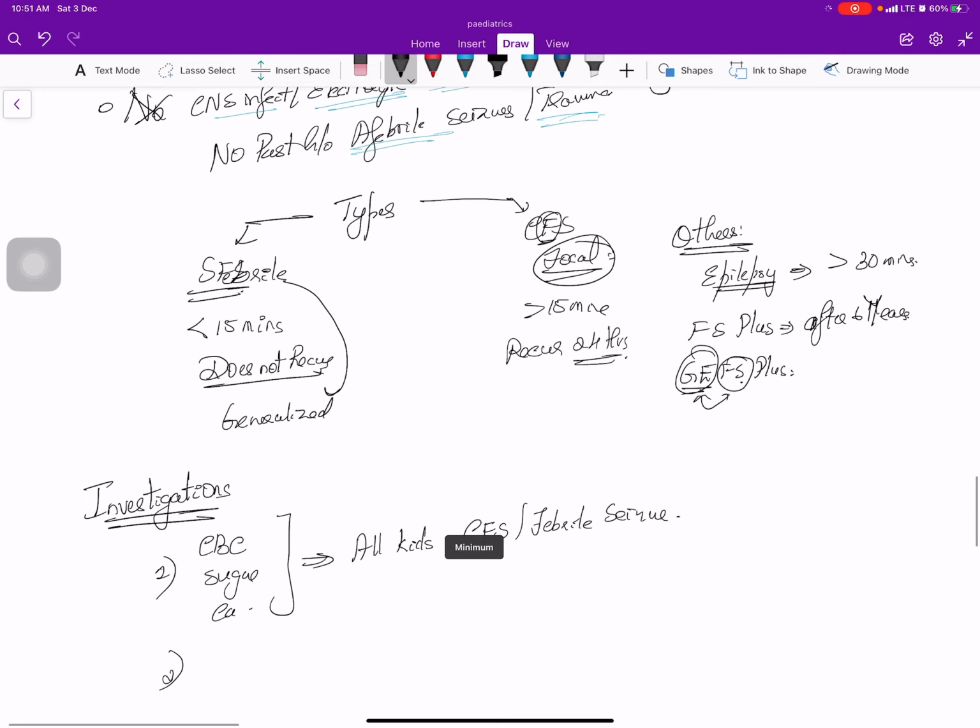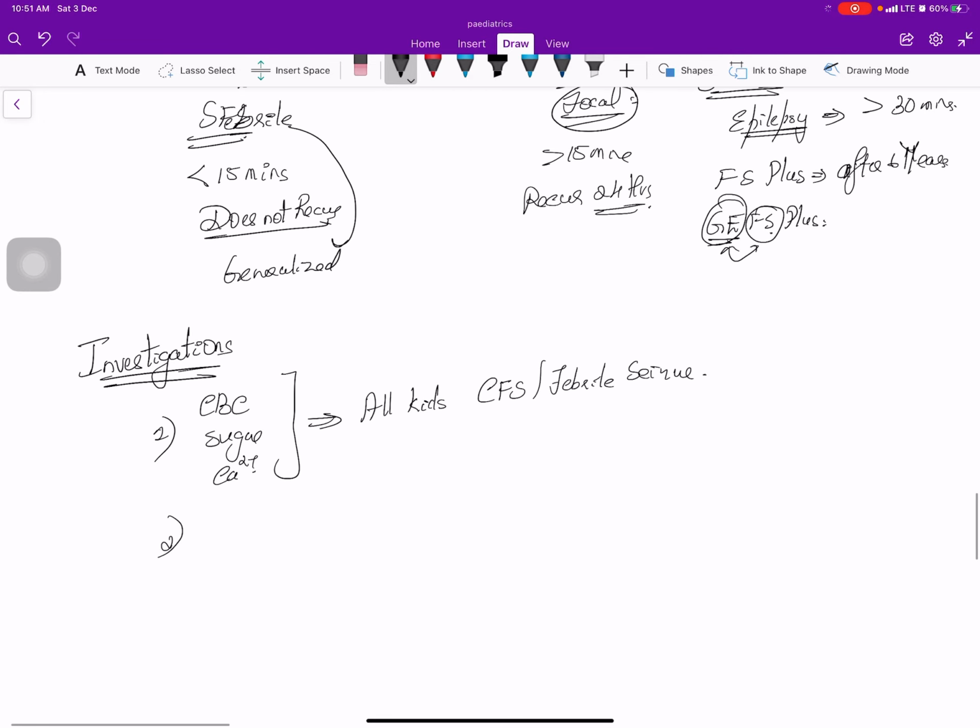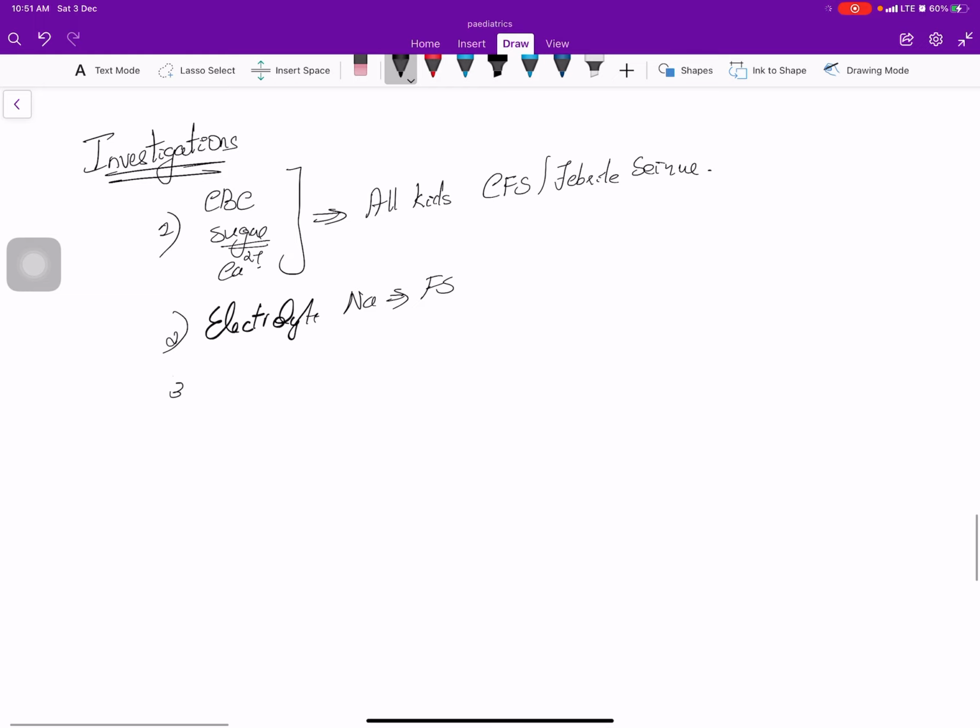So if you have any electrolyte abnormality, that's what we're doing. Calcium, we're doing sugar, CBC to check out infection. We're going to do an electrolyte separately as well, that is sodium. In case of febrile seizure, we're going to do urine analysis if we haven't been able to find a focus of infection.